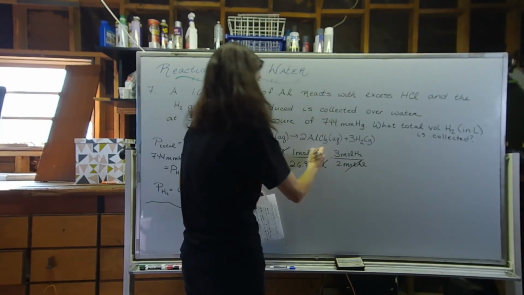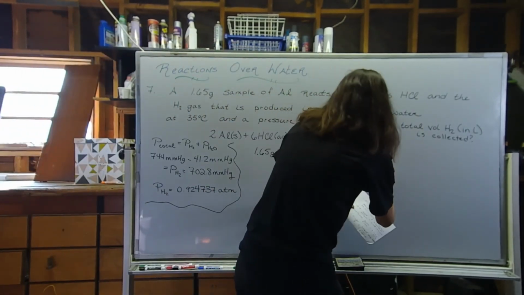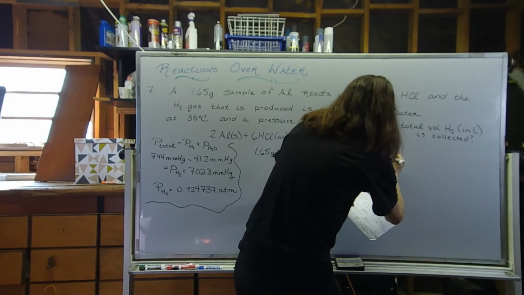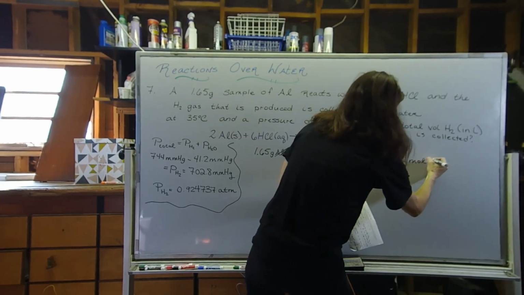And that's good because at this point then I'll have my n. I got 0.09173 moles of hydrogen gas.